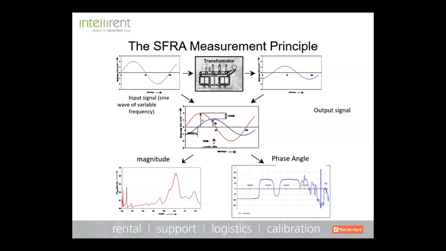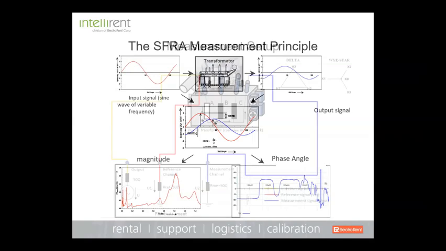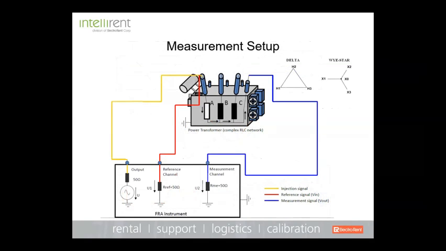So we have an input signal in terms of a sine wave with variable frequency, and then we're measuring and plotting the magnitude and the phase angle. Okay, and looking at the difference in the signal from its original to the one that we're going to be taking. Fairly easy to wire and perform.